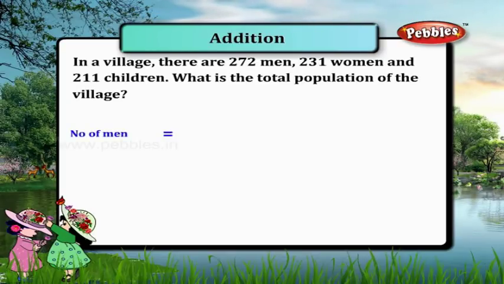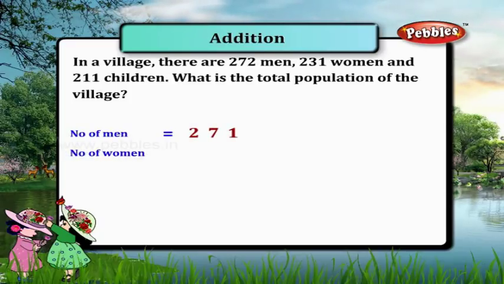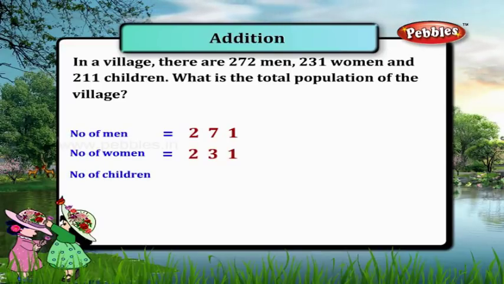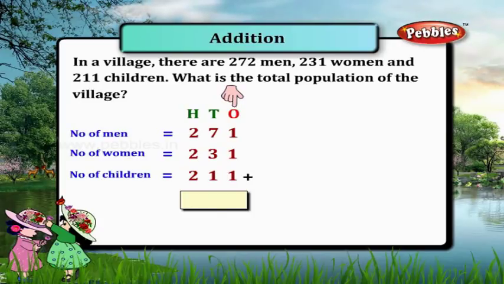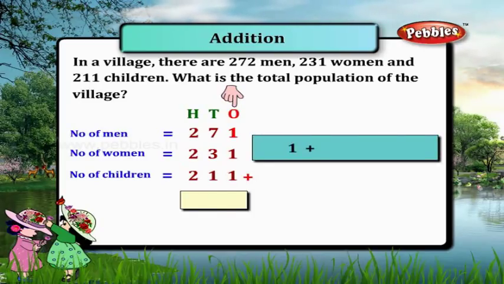Number of men, 271. Number of women, 231. Number of children, 211. Add the ones. 1 plus 1 plus 1 equal to 3.